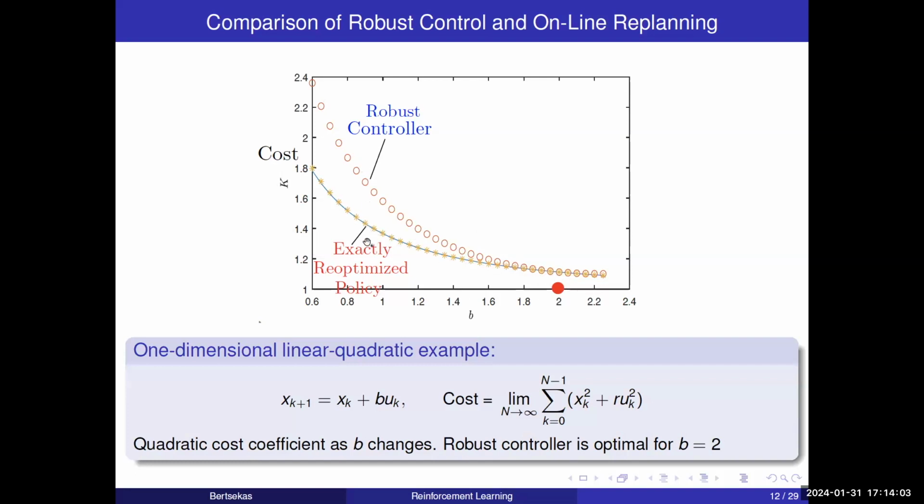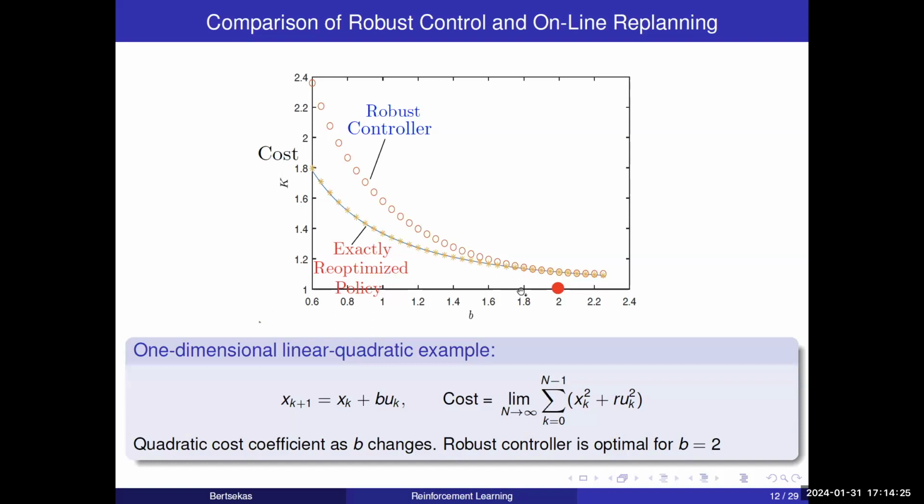This performance is obtained by measuring B exactly and applying the optimal linear quadratic solution. So this is the price you pay for using robustness, rather than exact estimation of B.